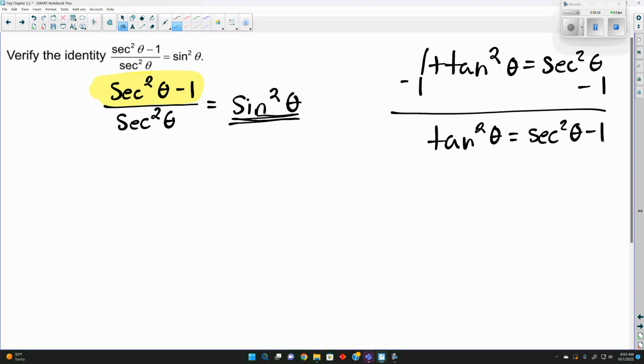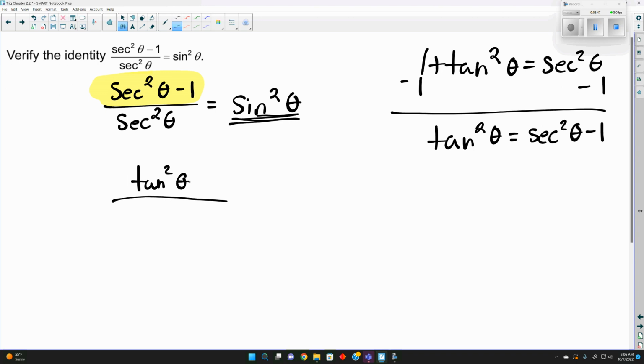So the numerator here, we can rewrite as tangent squared of theta. Questions on this so far?